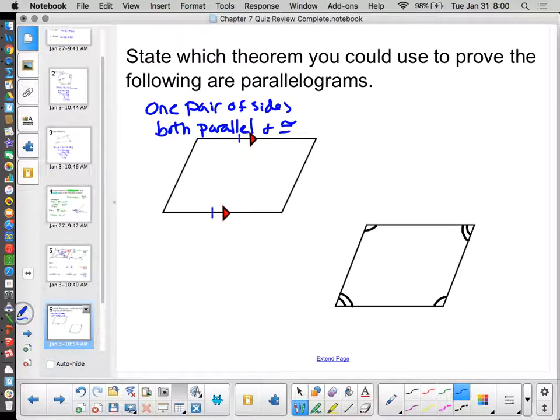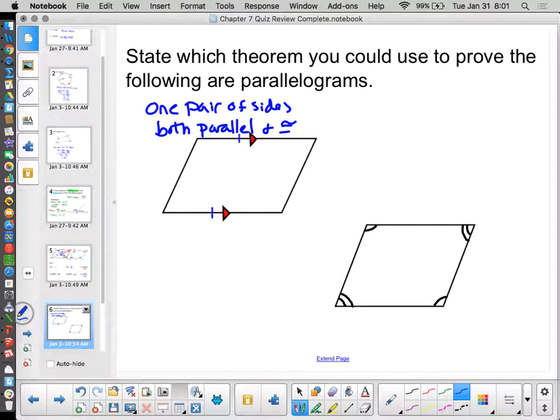So you actually write out what the reason is. Cool. Okay? Saves you from having memorized theorem numbers, and like I say, theorem numbers are arbitrary anyway. The author of the book decides what the theorem numbers are. There's no standard for that. So every book's going to have different theorem numbers for the same theorem. But they all have the same theorem, that one pair of sides parallel and congruent makes it a parallelogram. How about this one?